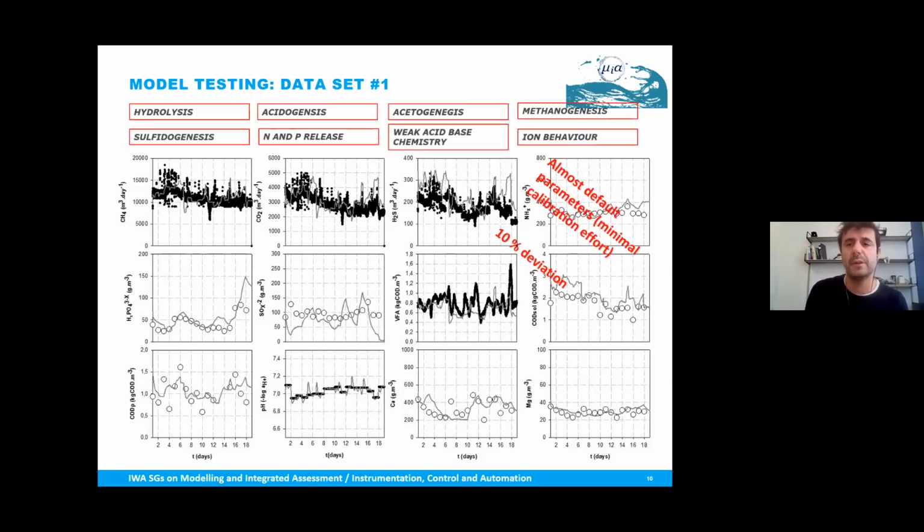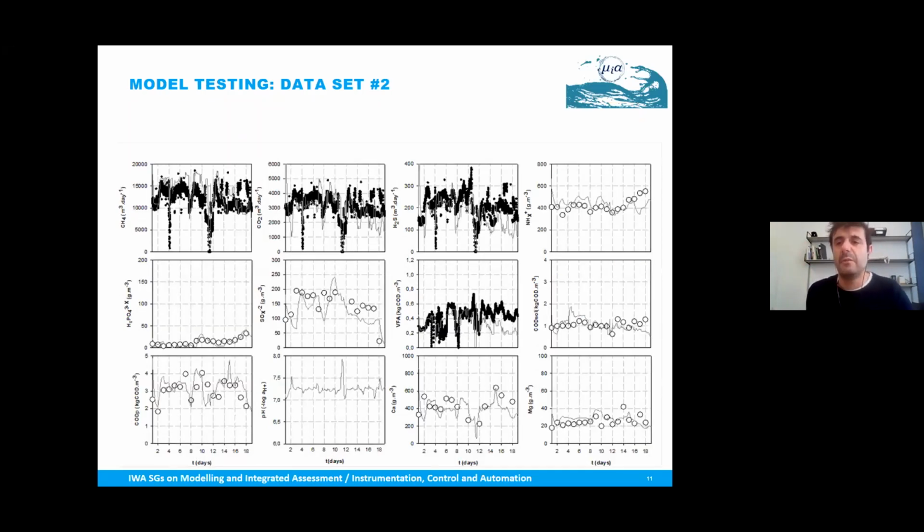So basically we were able to describe the main processes taking place in the anaerobic digester: hydrolysis, acidogenesis, acetogenesis, methanogenesis, sulfidogenesis, nitrogen and phosphorus release, weak acid-base chemistry, and ion behavior. We used most of the default parameters for that purpose, and we had a 10% deviation between measurements and simulations.